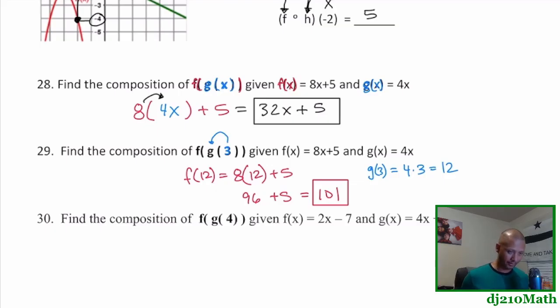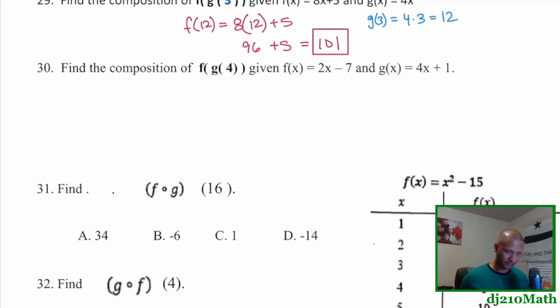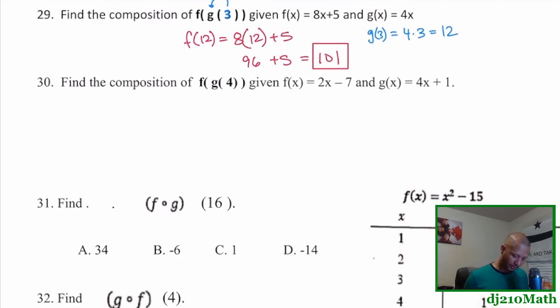Hopefully you can follow that and you can do good on the next one. Here X is going to be 4. That's my input into G. G is 4x plus 1. So 4 times 4 plus 1.